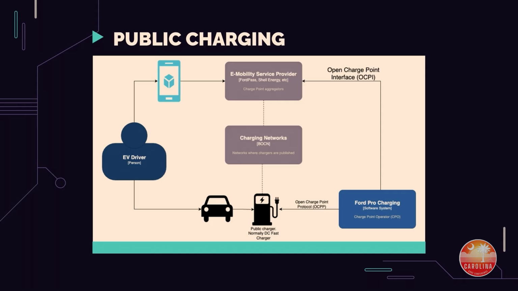This is what public charging looks like. As the primary charge point operator, which is the cloud that controls the chargers and surfaces the OCPI endpoints, you sit over here. An EV driver finds your charger on an app. Up there at the top, you've got EMSPs. Those are the ones that aggregate all the different charge points and networks to make them available on this app.